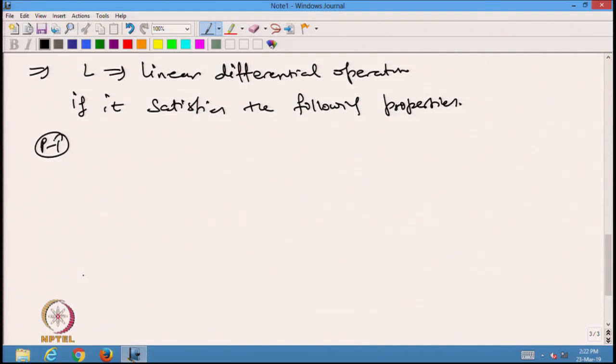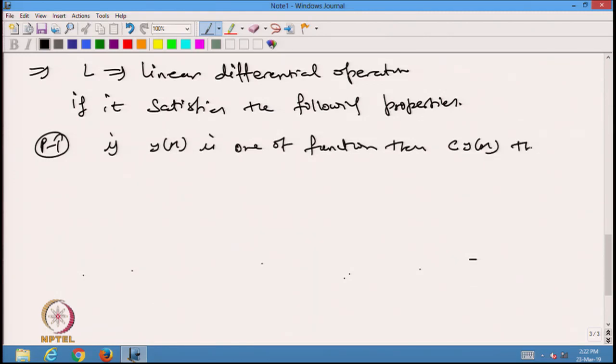So, what is that property? P1, the first property I am defining, is that if y(x) is one of the functions we are defining by y, then if I define C y(x), L of C y(x) will be equal to C times L of y(x).